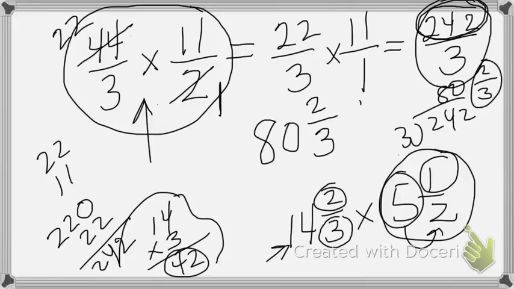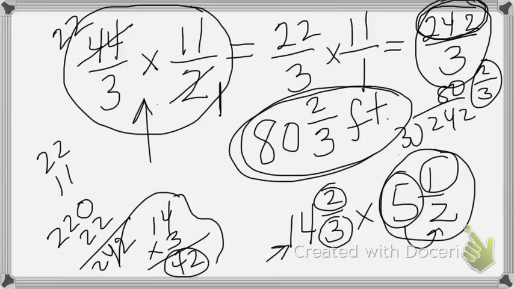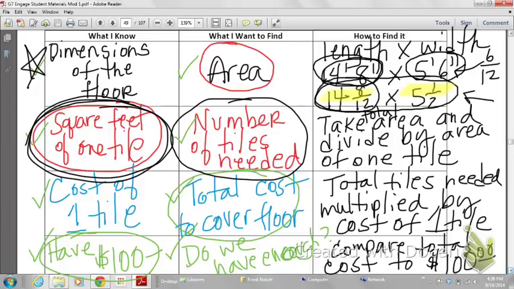Okay, so 80 and 2 thirds feet. This is our area. So we could go back here, and let's just go ahead and put that right in here, in purple. Okay, 80 and 2 thirds feet. That is our area. We have step number 1 done.